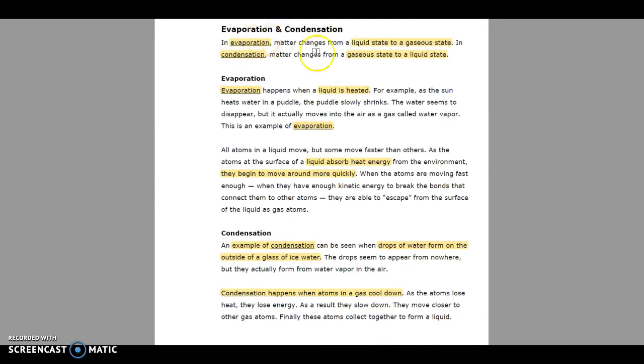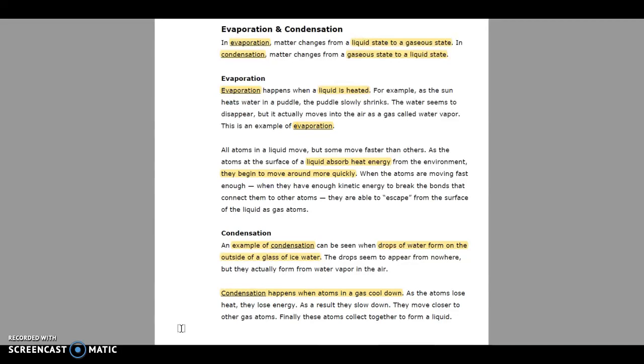Okay, so condensation happens when atoms in a gas cool down. So I know that with condensation, matter changes from a gas to a liquid. But this is new information, that we need to subtract thermal energy or cool down the gas. So that's what we're going to write over here, that we subtract thermal energy from a gas for condensation.